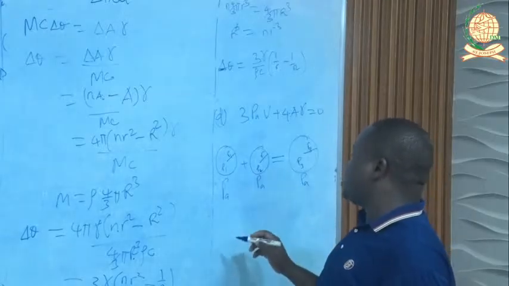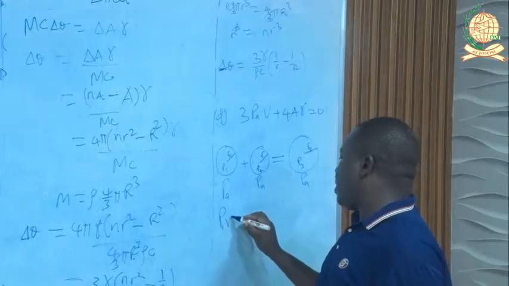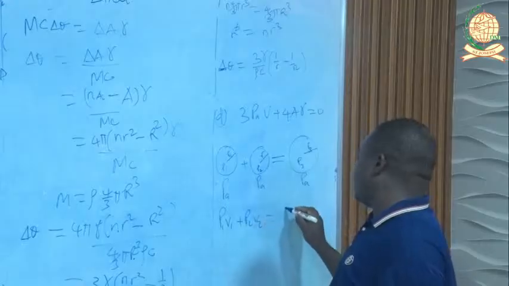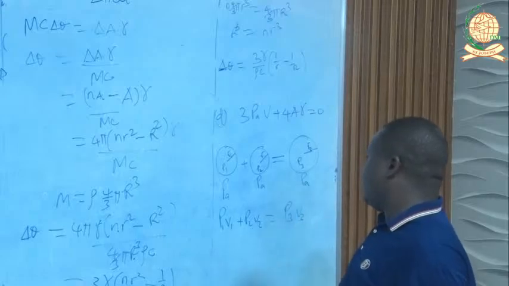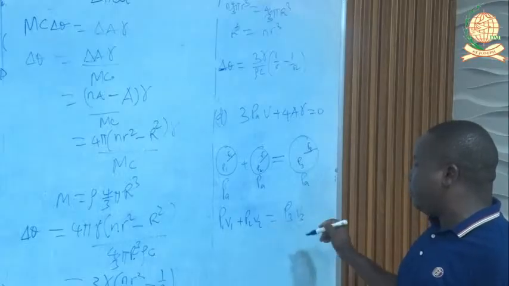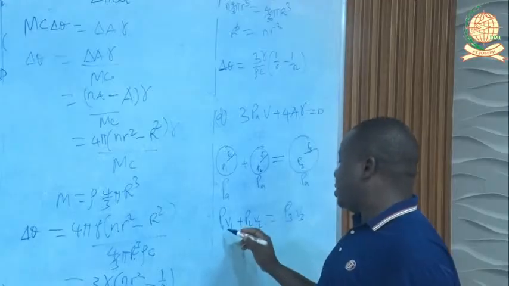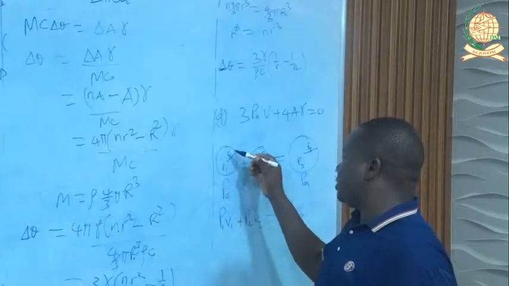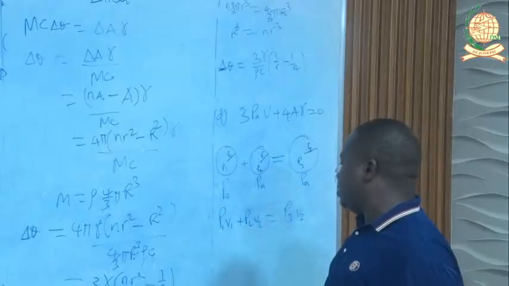So to start with, first of all, if we assume isothermal, then P1 V1 plus P2 V2 is equal to P3 V3. But how do we get P1, P2 and P3? We use the gauge pressure. From here, P1 minus PA is equal to 4 gamma over radius 1.